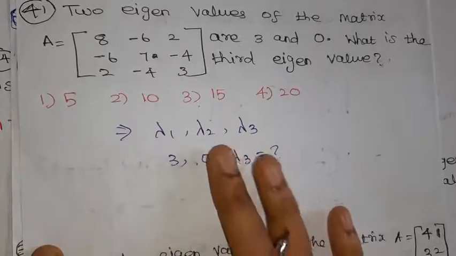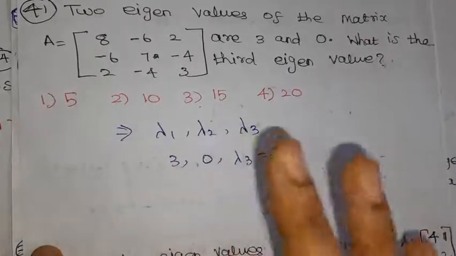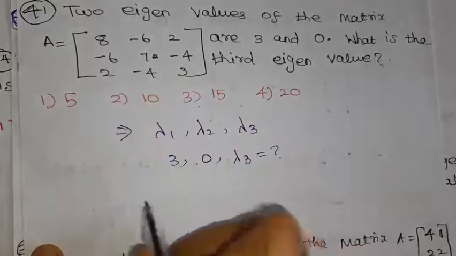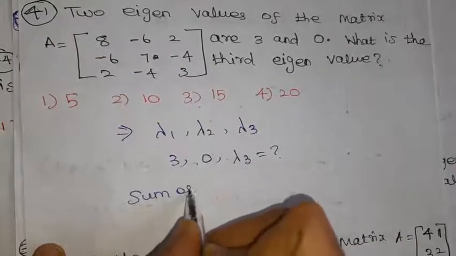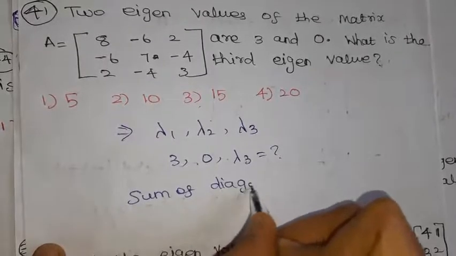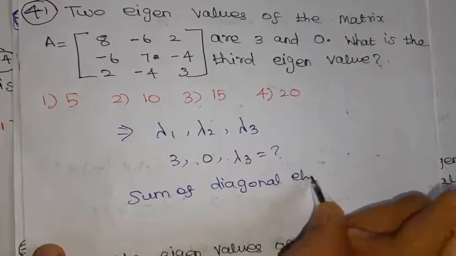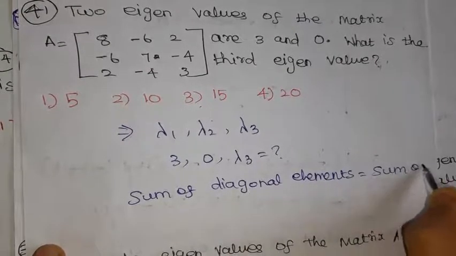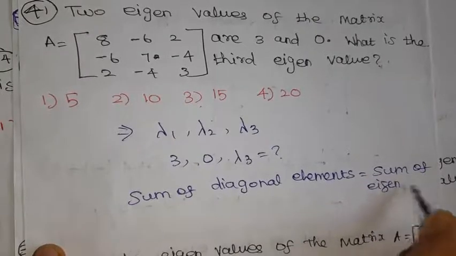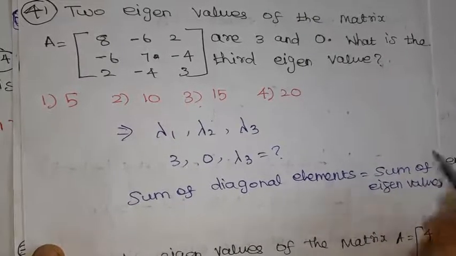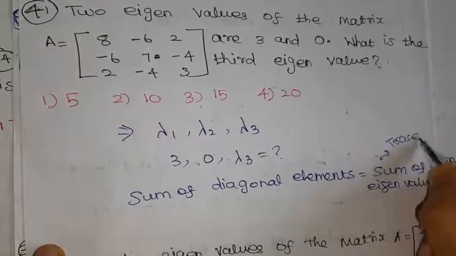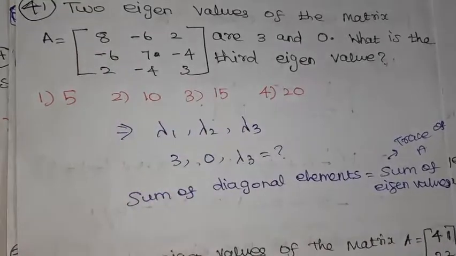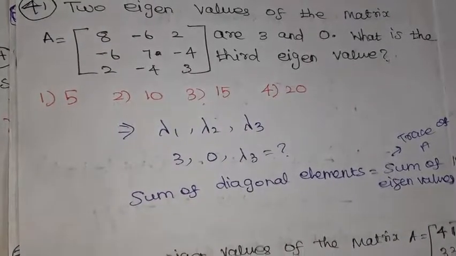One of the properties is nothing but the sum of the diagonal elements of the given matrix is equal to the sum of eigenvalues, otherwise called the trace of A. Trace of the matrix is nothing but the sum of the eigenvalues, which is equal to the sum of the diagonal elements.